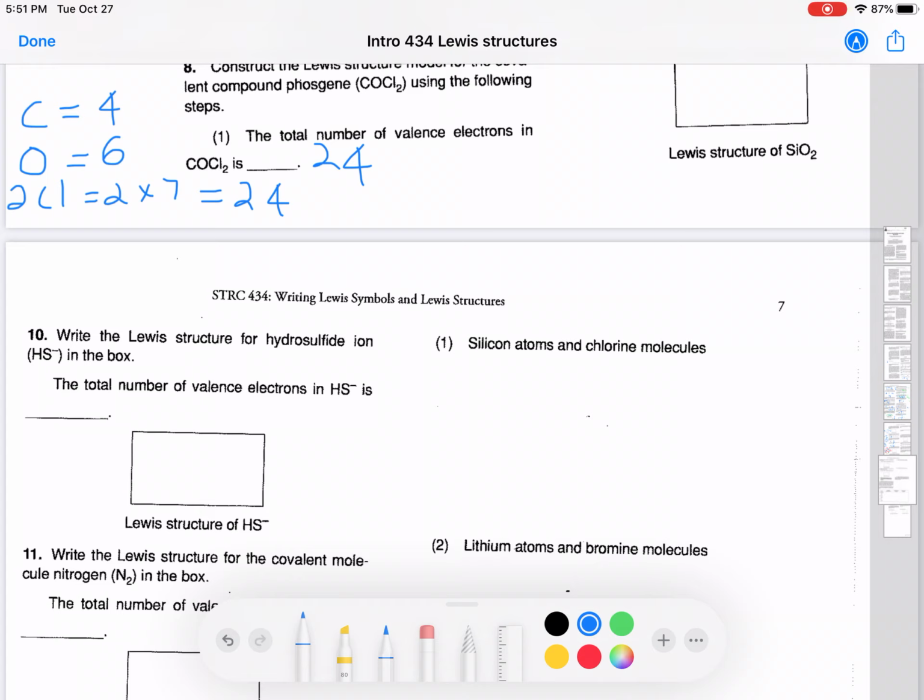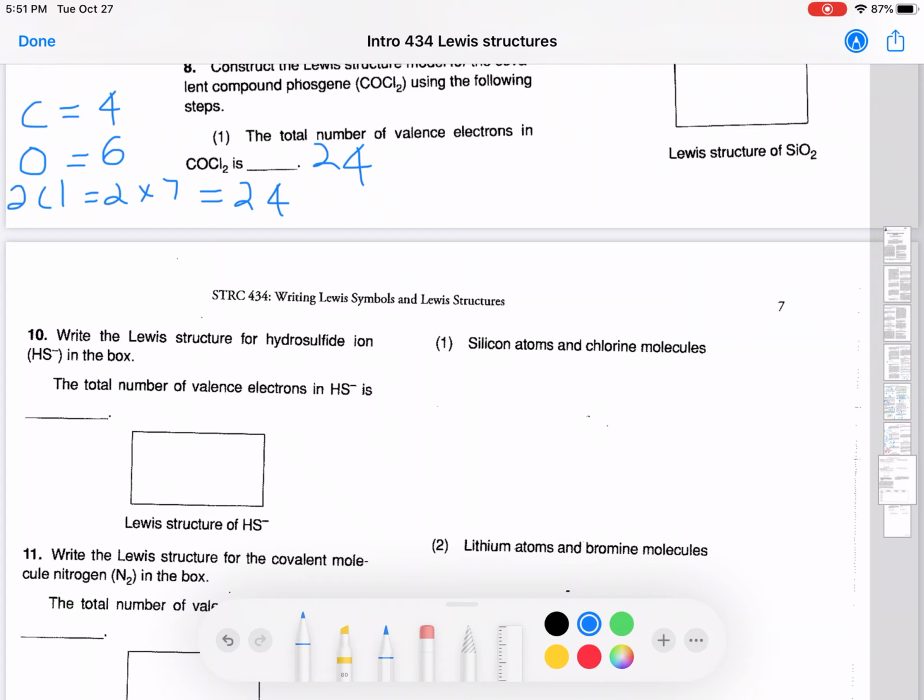Now we had 24 valence electrons, we used 6 for the bonding and 18 are left. Now we're going to distribute these 18 on the terminal atoms to give each an octet.